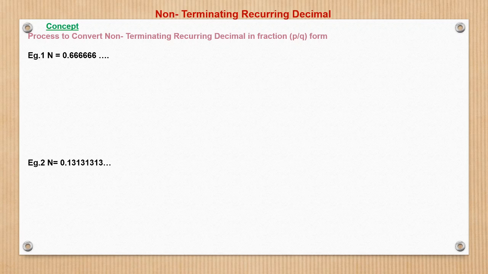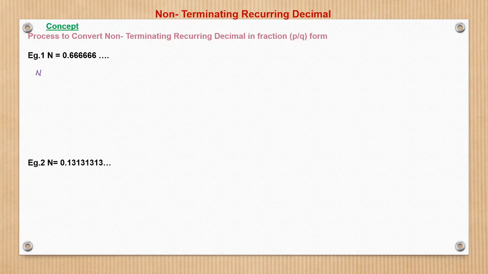So now we will see the process to convert a non-terminating recurring decimal into fraction form. Here, we'll take different approaches to solve this, though we have seen a few basic approaches. So we'll see now the process to convert a non-terminating recurring decimal into a fraction, that is, in p by q form.